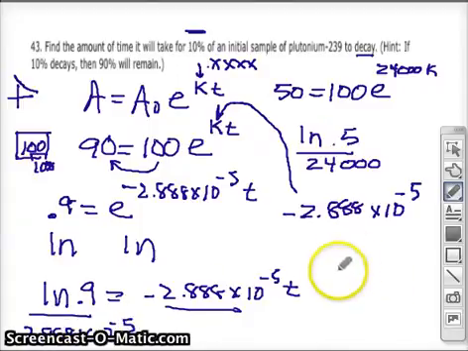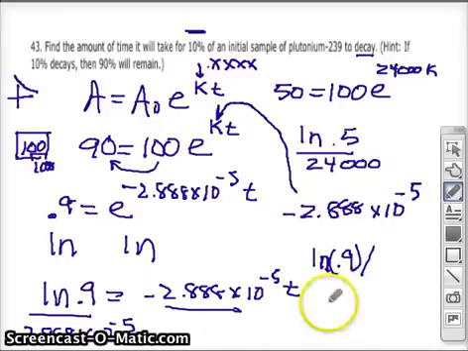Now, how do I do that in my calculator? I go ln 0.9, then I hit divide, and I put in there minus 2.888 e negative 5. All right, let me do that.